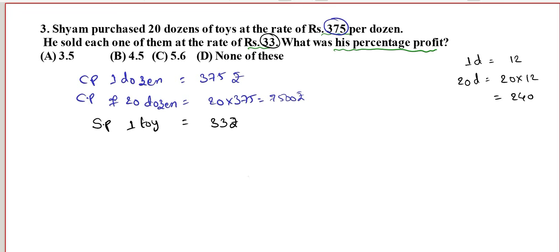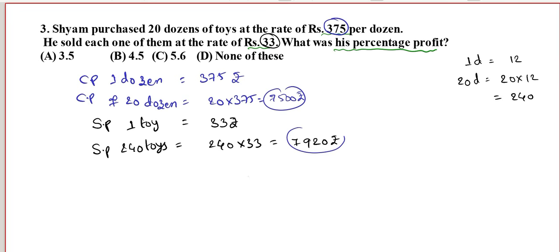So he has 240 toys. The selling price of these 240 toys is 240 into 33, and multiplying this you will get 7,920 rupees. So the total cost price is 7,500 and he sold it for 7,920. As the selling price is greater than the cost price, he will get a profit.